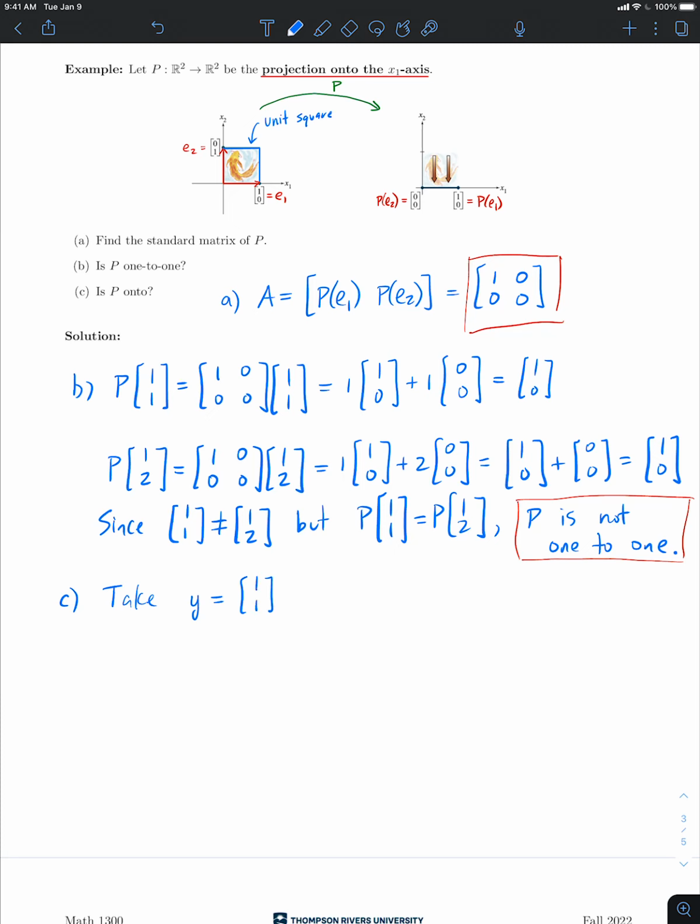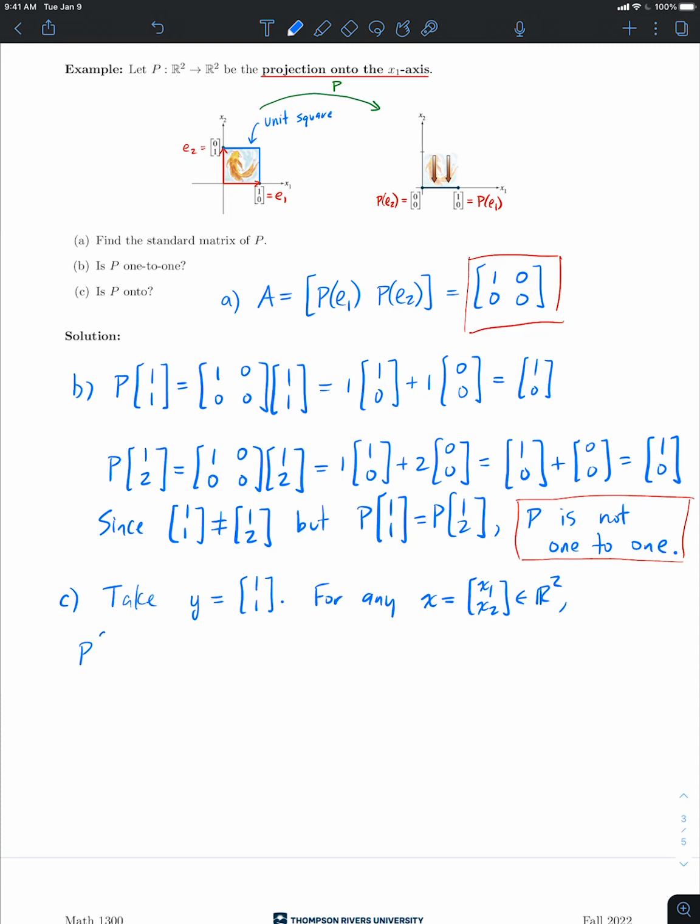In fact, any vector that has a second coordinate that's not equal to 0 will work. We'll just show that this is not equal to P of x for any input vector x. So for any vector x in R2, I'll write it in general as (x1, x2).